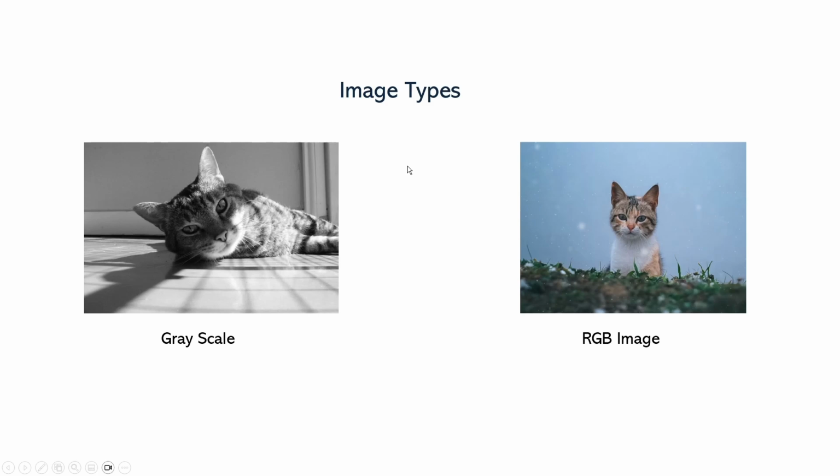Let's look at image types. There are two important types of images. As you can see here, grayscale image and RGB image. Grayscale images are composed of shades of gray, ranging from black to white. Each pixel in a grayscale image has a value that represents the brightness or intensity of light.